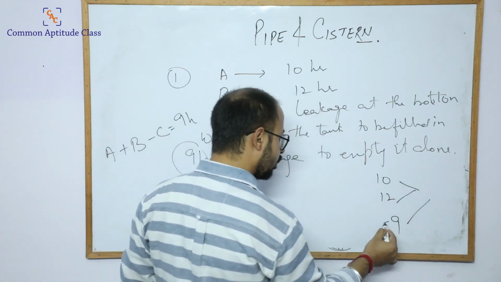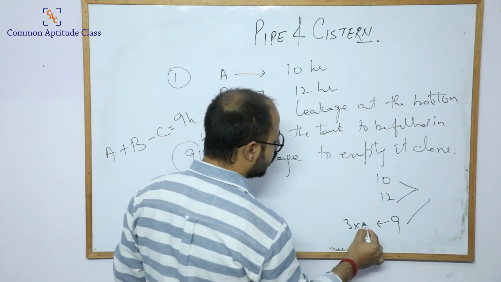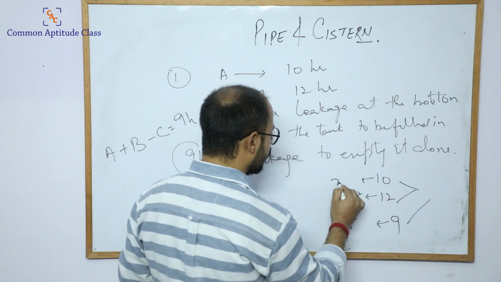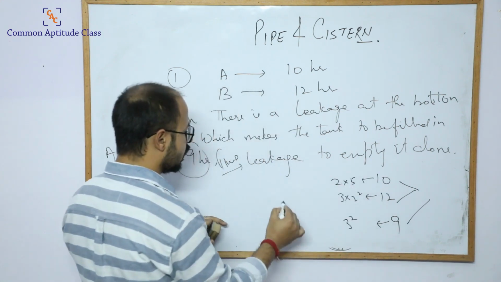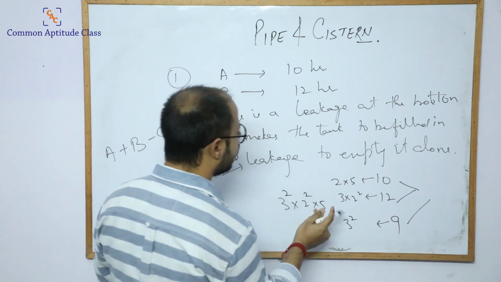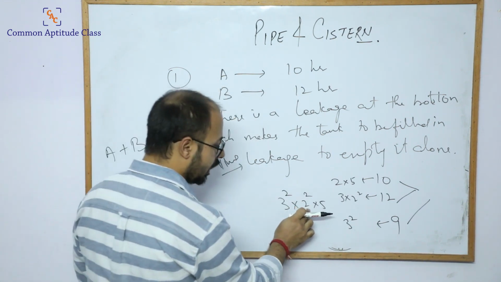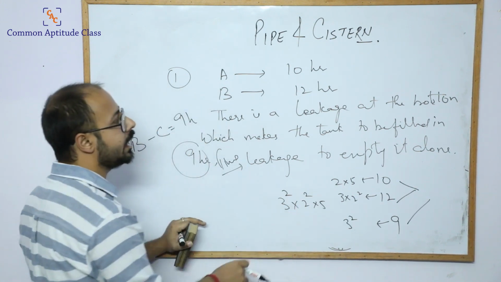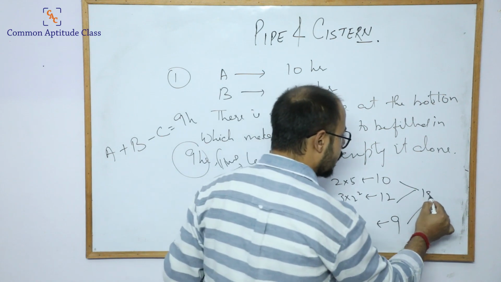Prime factorization: 9 is 3 square, 12 is 3 into 2 square, 10 is 2 into 5. So the LCM is 3 square, 2 square, 5: 10 into 9 is 90, into 2 is 180. 180 is the LCM.